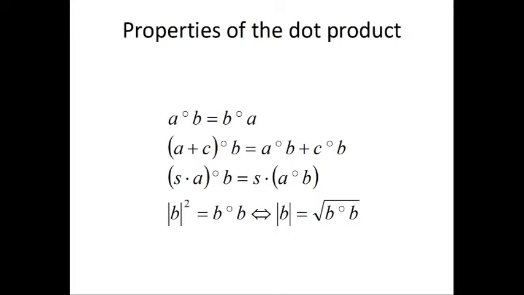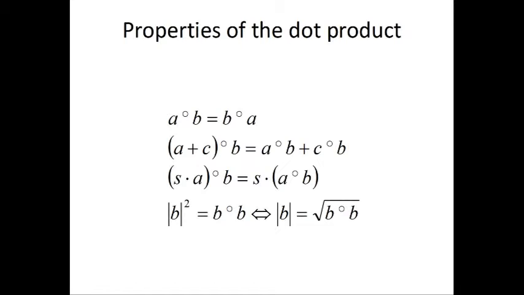So the length of the vector squared equals the dot product of the vector with itself. It's the same thing to say that the length of the vector is the square root of the dot product of the vector with itself. So here we have a way to calculate the length of vectors.